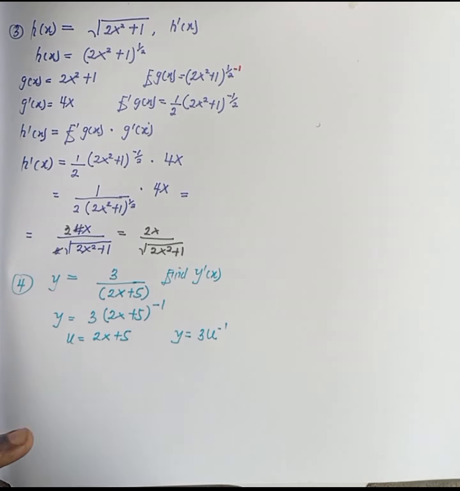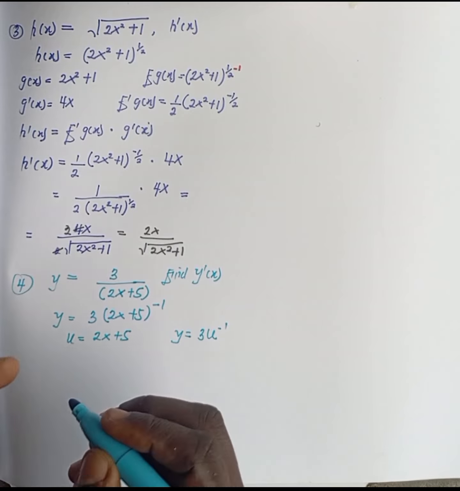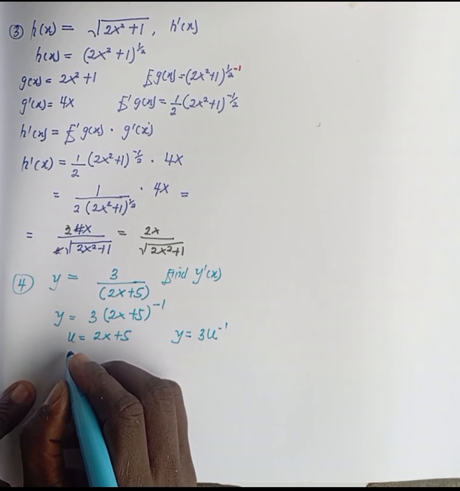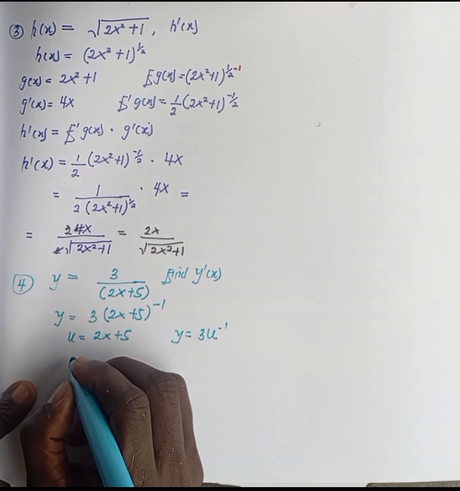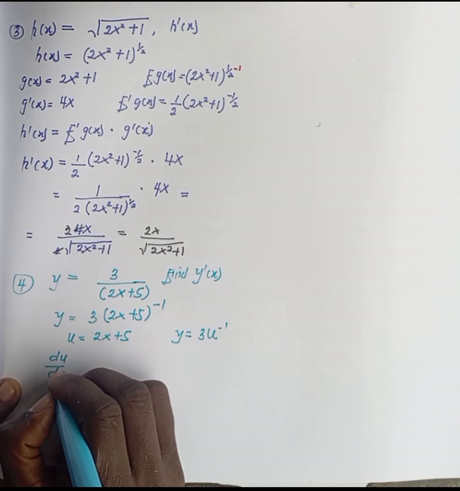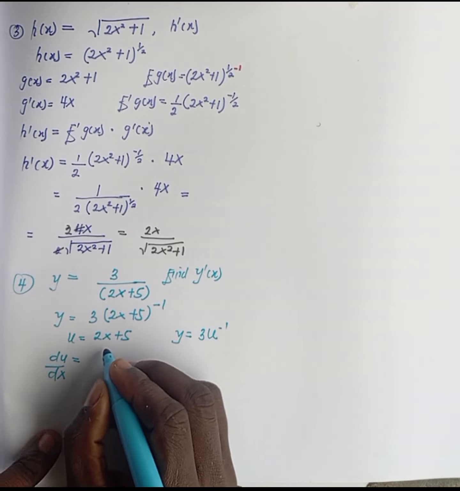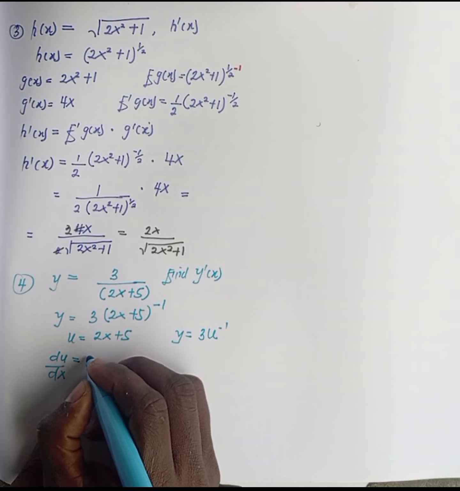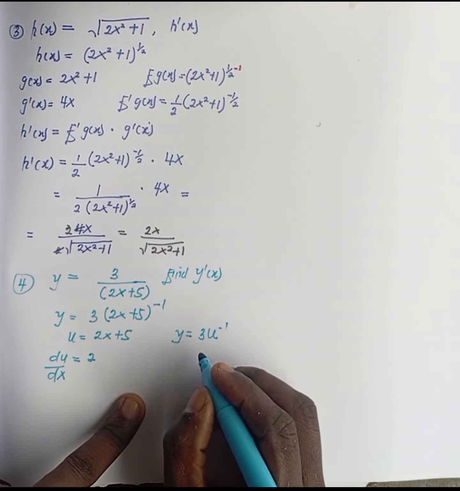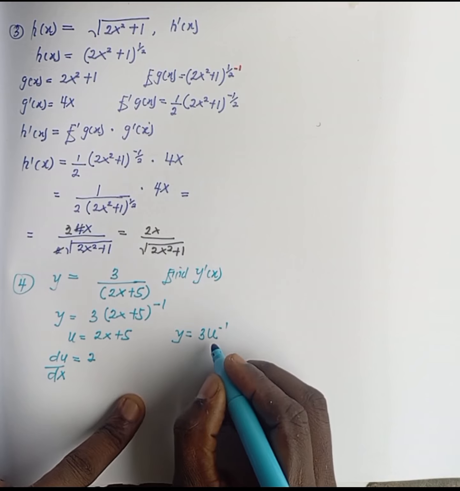Now what we are going to do here is to find our du/dx and then dy/du. So we are just going to differentiate the function u with respect to x, and that is going to give us du/dx, when we differentiate 2x, we are getting what? 2. Very good. Then we come to this very part. We are going to differentiate this function y with respect to u.